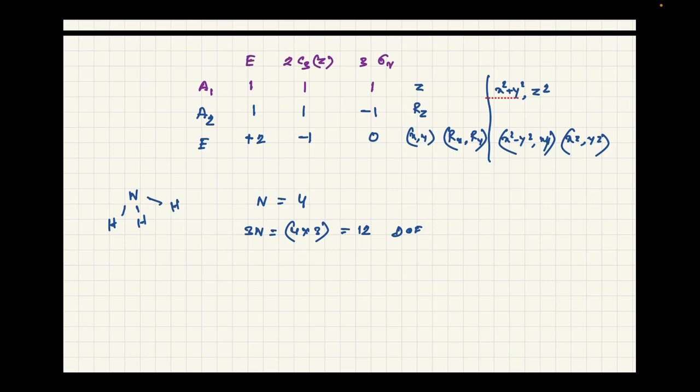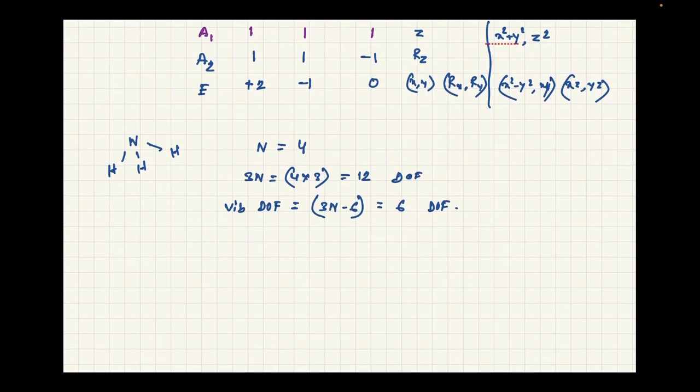By performing each symmetry operation on these 12 Cartesian coordinates, you will get a reducible representation. From that you can find out how many irreducible representations there are and what the irreducible representations for translational, rotational and vibrational motions are. Here the vibrational degrees of freedom will be 3N minus 6, that means 6 degrees of freedom.